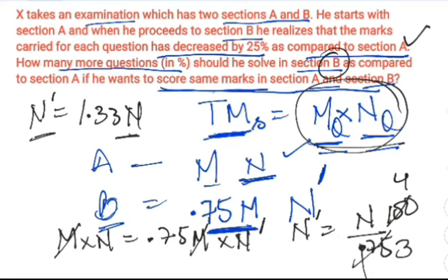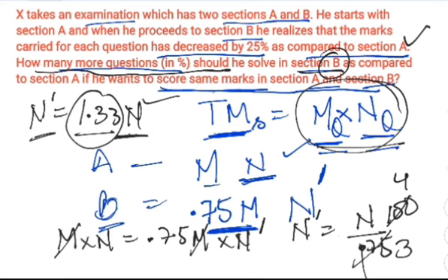So how much percentage more questions should he solve in section B? So if suppose the number of questions is 100 in section A, then the number of questions that he has to solve in section B is 133.